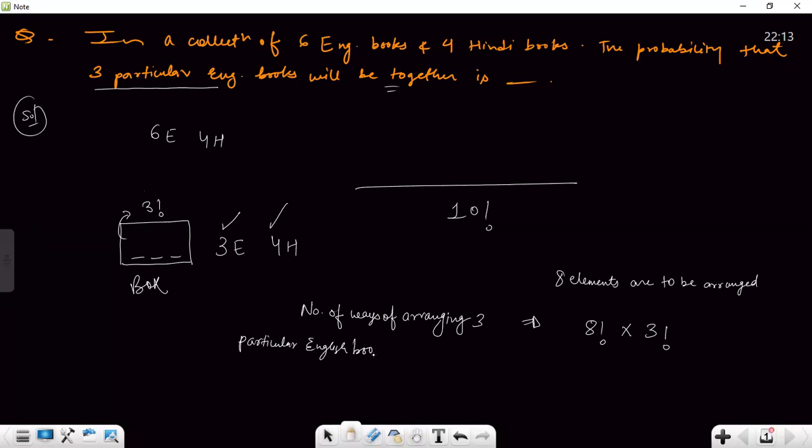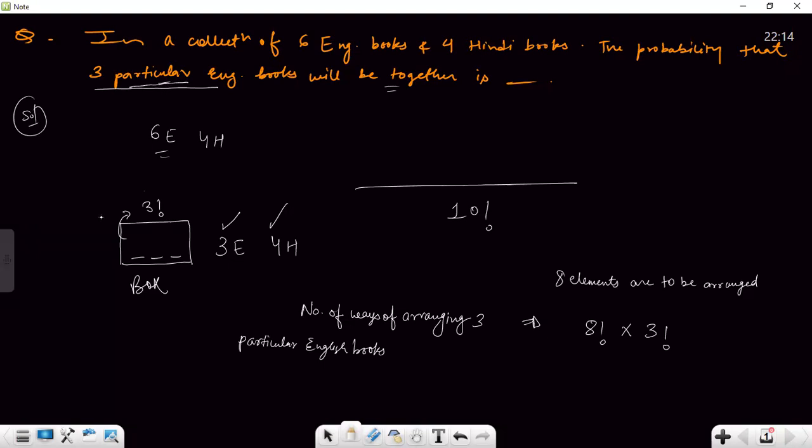Now, 3 particular English books means that there are 3 English books already selected, which are to be arranged out of 6. It's not that we have to select any 3 English books. No, it is particularly given. So we need not select 3 books from 6 because they're particular. Now, please heed every word, because it changes the question for you.